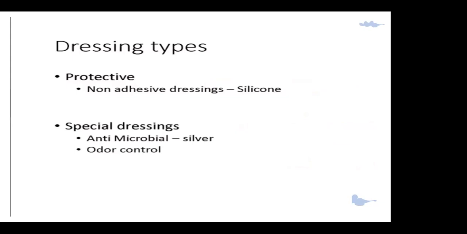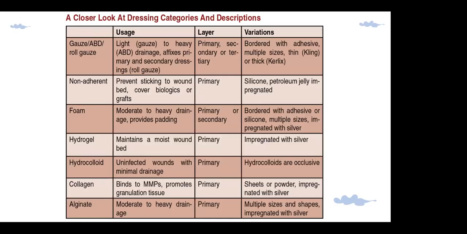And there are special dressings. They come out of a lot of research, with more antimicrobial action, odor control, and so many things. They are specific dressings, and quite expensive.